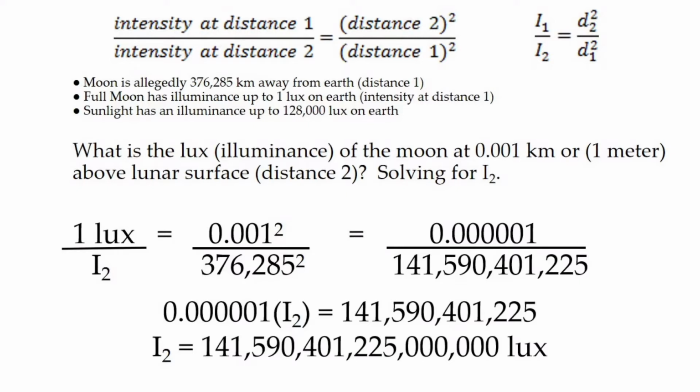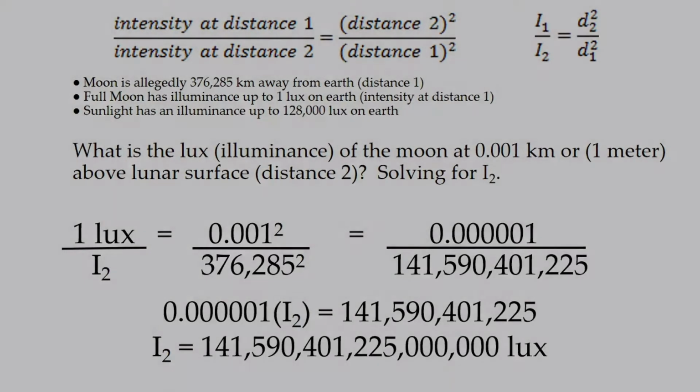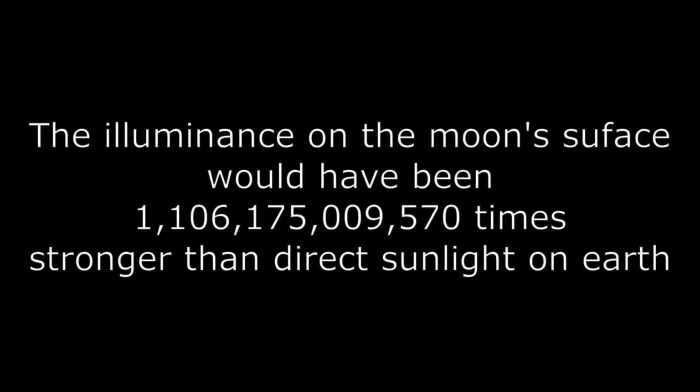Sunlight has an illuminance up to 128,000 lux on Earth. That's pretty bright. That's as bright as it gets. Assuming my math and figures are right, applying the inverse square law, the Apollo astronauts would have experienced 1,106,175,009,570 times more illuminance on the moon's surface than direct sunlight on Earth.